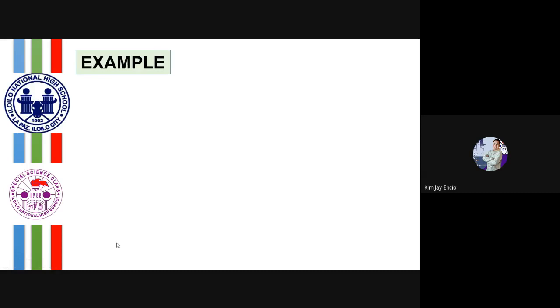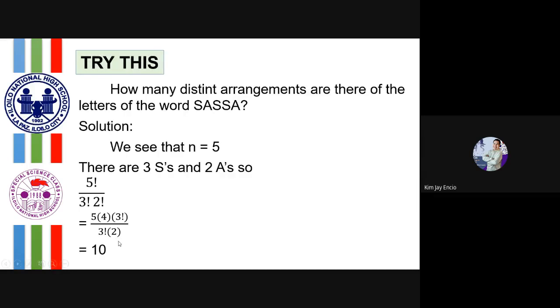And those 10 permutations were the ones I listed in the previous slide. So you see, either by listing or by using this indistinct permutation formula, we were able to arrive at the same answer.